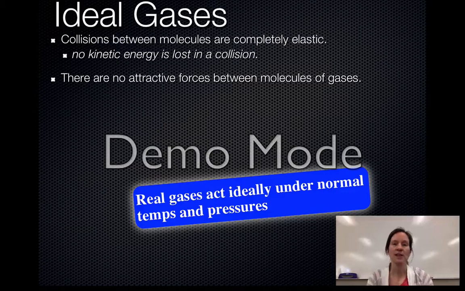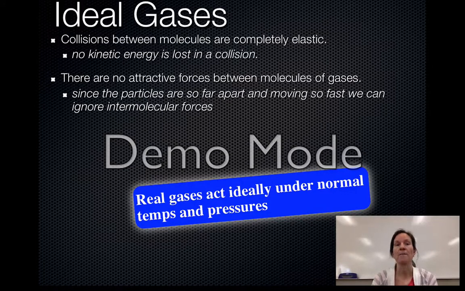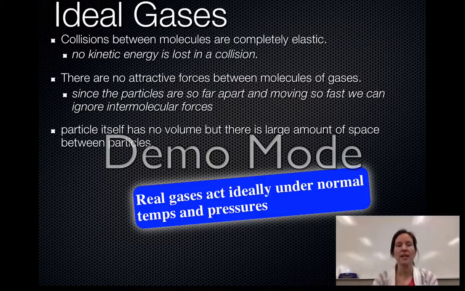The other part of an ideal gas is that there are no IMFs, right? No attractive forces. And that's essentially because they're moving so fast, they don't have enough time to stick to one another. And the last part of an ideal gas is that when we talk about the volume of material, we don't actually talk about the volume the particles take up in themselves. We talk about the volume of space that the material fills.